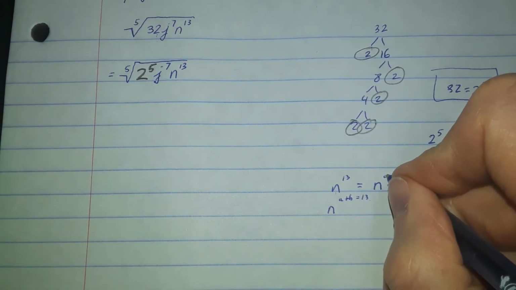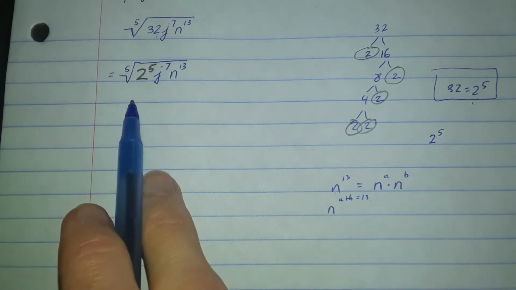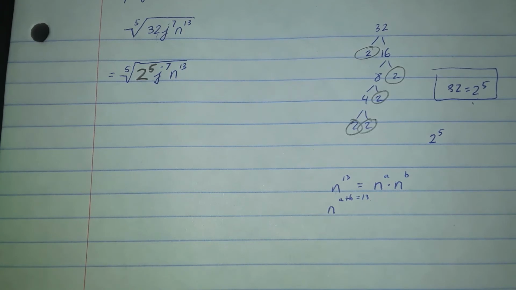And then this is going to be my a and my b. If you remember exponent rules, if you have the same base multiplied by the same base but different exponents, then you can simply add those original exponents to get the new exponent here. So I want to have something of this form where one of these is a 5.